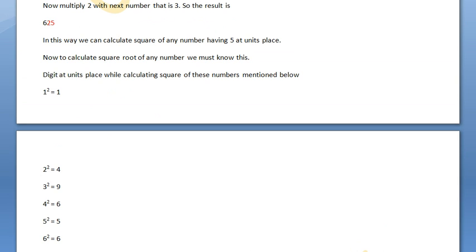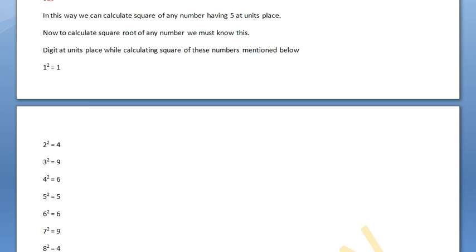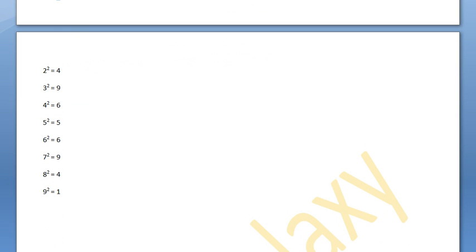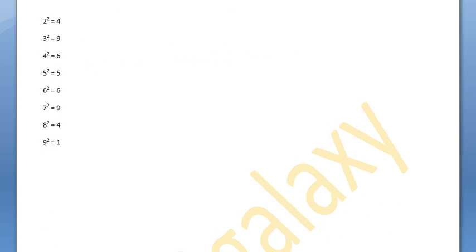Now to calculate the square root of any number, we must know the digit at the units place while calculating the square of the numbers mentioned below. We know that for any number ending with 1, 1 square is equal to 1, and 2 square is equal to 4. So any number which has 2 at the units place will have 4 at the units place if we calculate the square of that number.